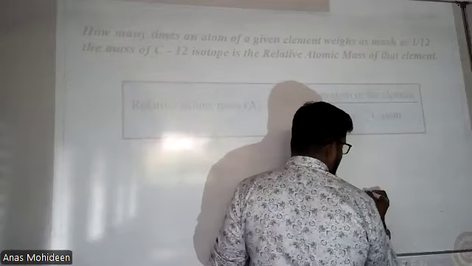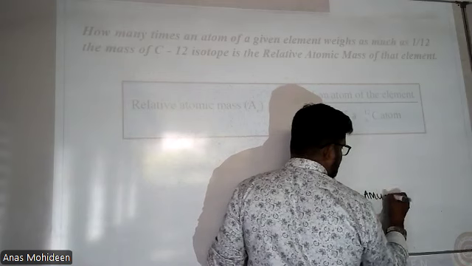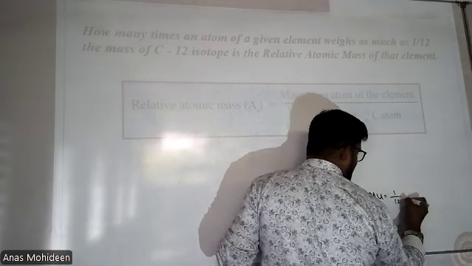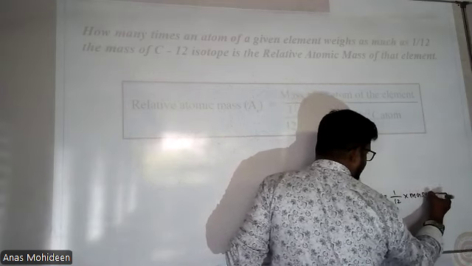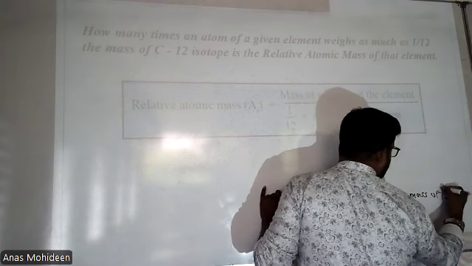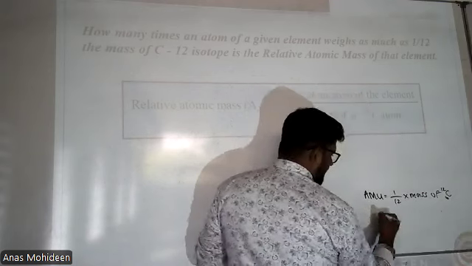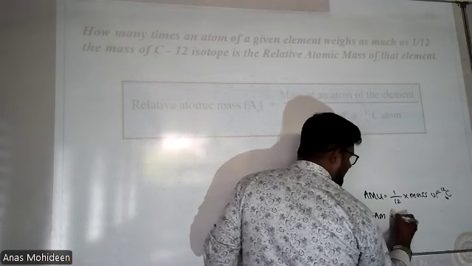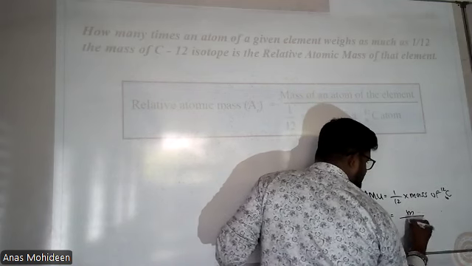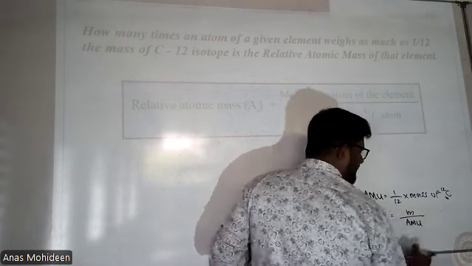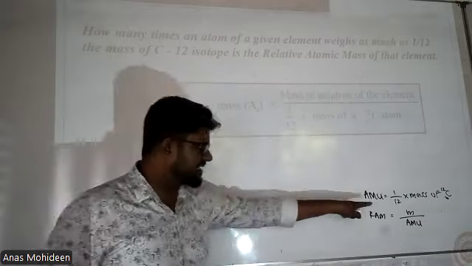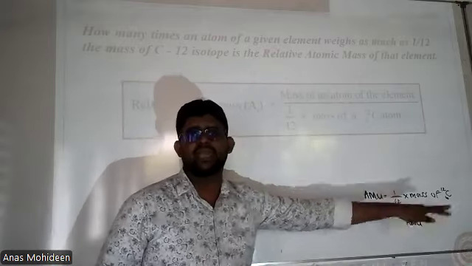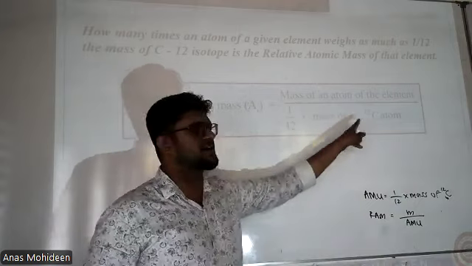So we learned earlier AMU is equal to 1/12 the mass of carbon-12. Then relative atomic mass is equal to the real mass divided by AMU. AMU means 1/12 the mass of carbon-12.